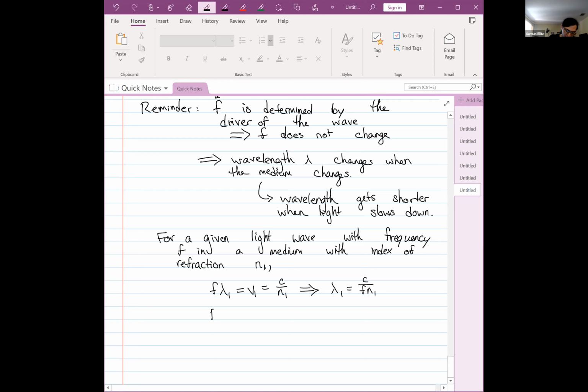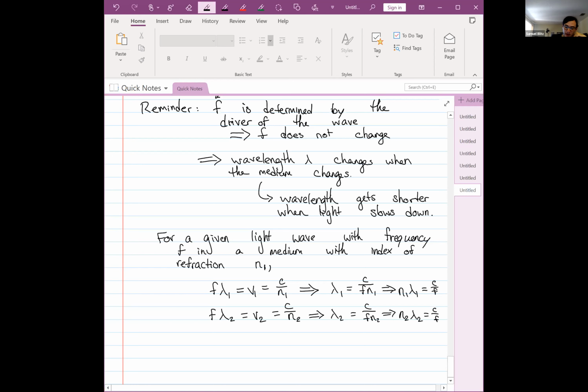But we can also put that same light wave through a different medium. f times lambda 2 should be equal to v2, which is c divided by n2, where the medium has index of refraction n2. And so we can solve both of these equations for c over f: n1 lambda 1 equals c over f, and in this case, lambda 2 is equal to c over f n2, which means that n2 times lambda 2 is equal to c over f.